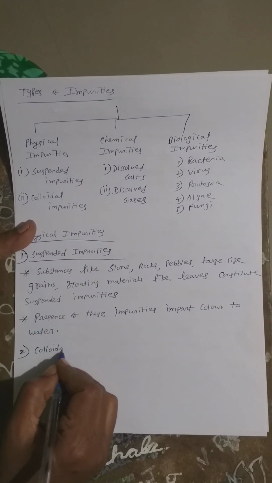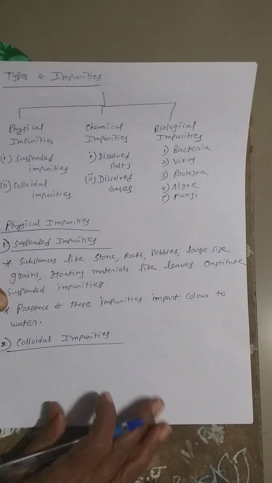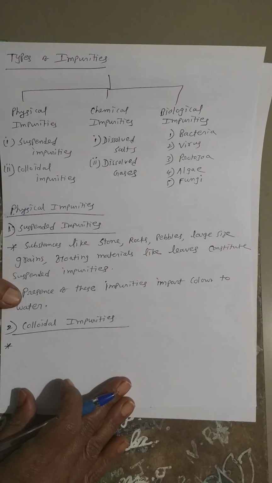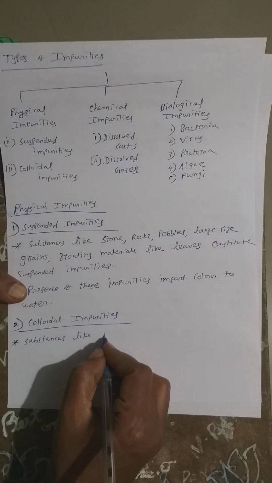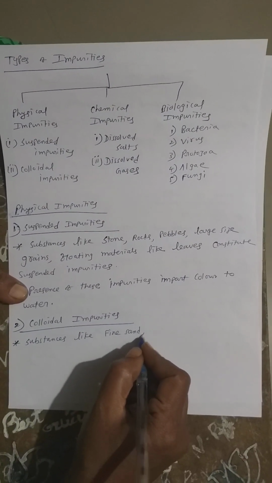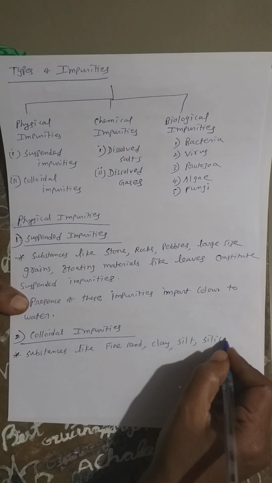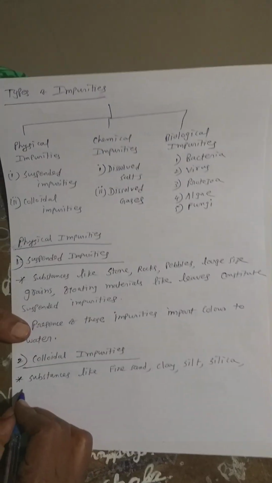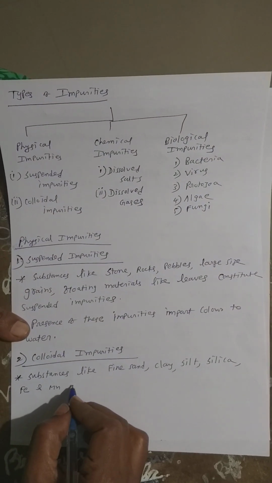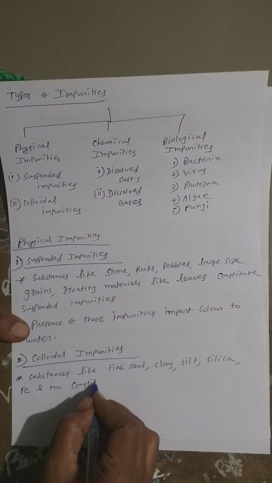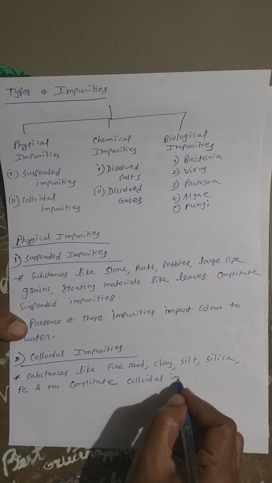Colloidal impurities. Substances like fine sand, clay, silt, silica, ferrous, manganese constitute colloidal impurities.